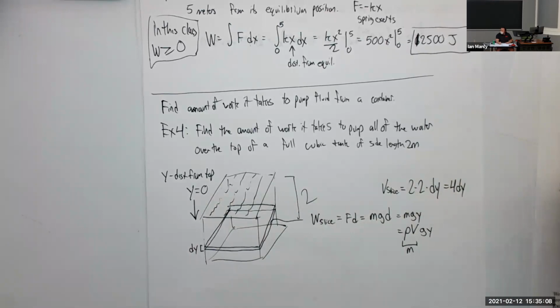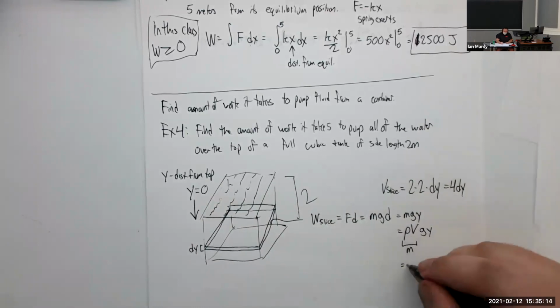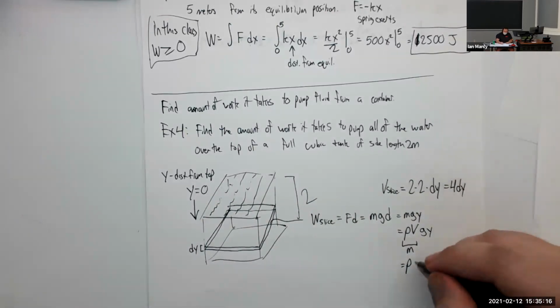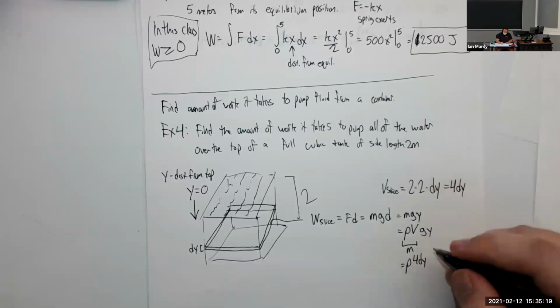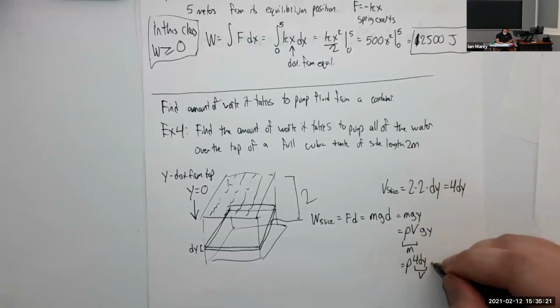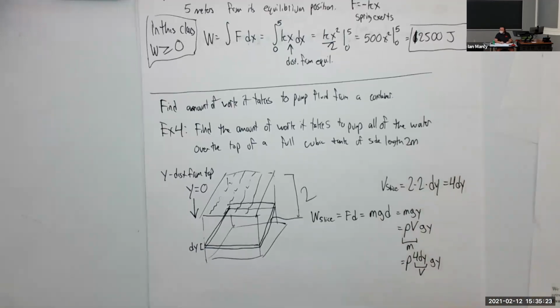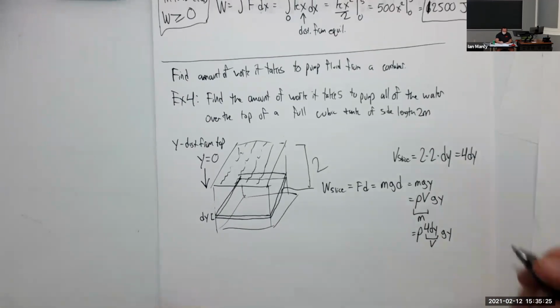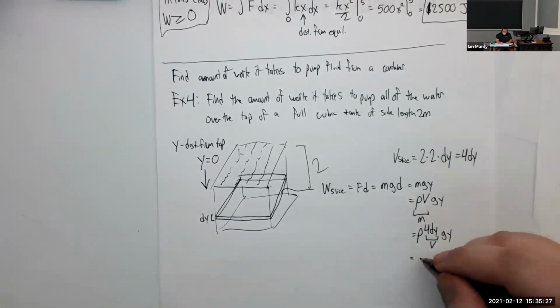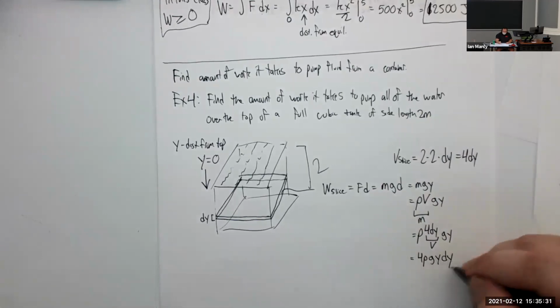What is rho times V again? It's the density times the volume, and that's going to give us mass right here. All right, so rho is a constant. 4 dy is the volume of our slice, and then we have gy. And just like before, we're going to put this in a more aesthetic order. So we're going to have 4 rho g y dy.